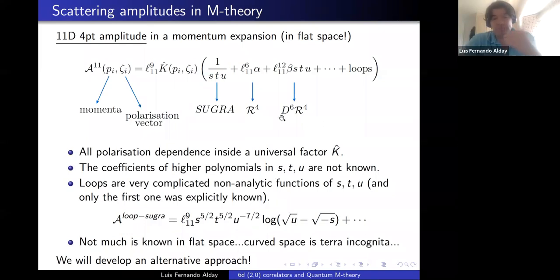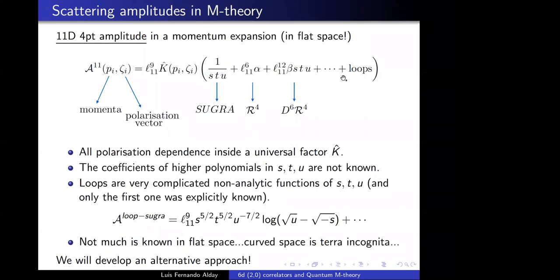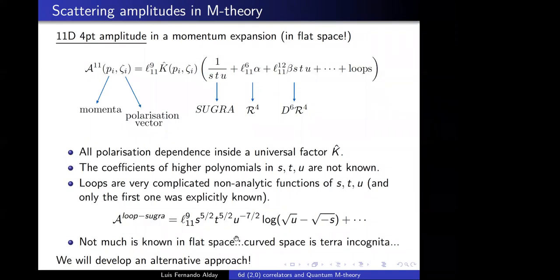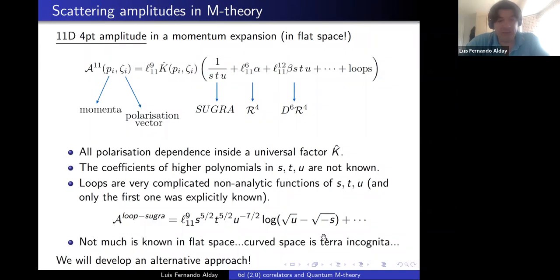Now, even in flat space, only these three terms are known, and only the first loop supergravity bit is known. So not much is known about this amplitude, even in flat space. And of course, curved space is completely terra incognita, and we know nothing about it.